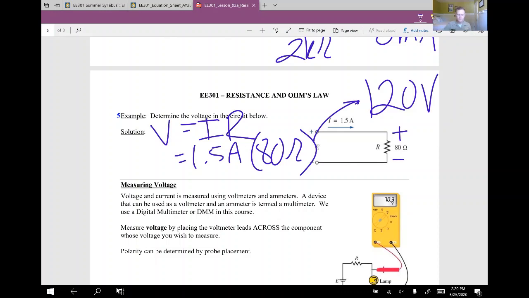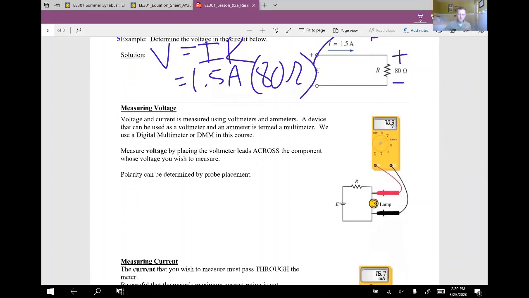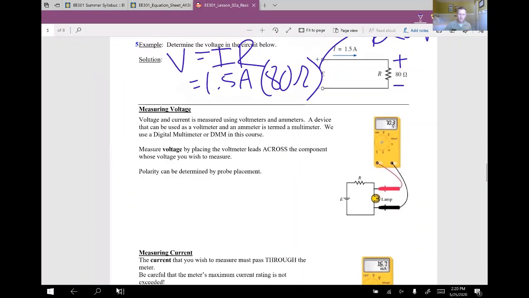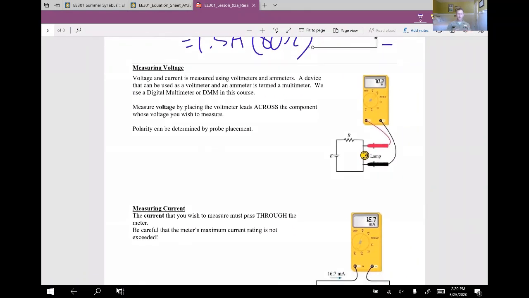Now these are some of the tools, and in the lab video, you'll get to play with them a little bit more. In the real world, we have these digital multimeters that measure multiple things. We can measure current, voltage, or resistance with them, and they have to be plugged in different ways. The main thing to take off of this page is that we always speak in voltage across.